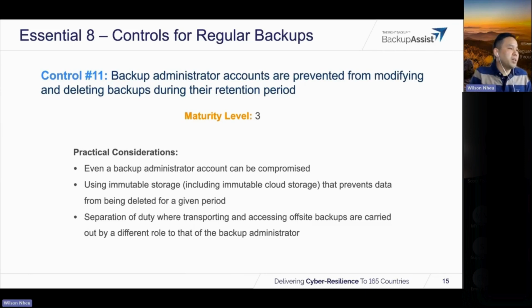The whole point here is that even the backup administrator can be compromised. So you want to stop anyone at all from being able to delete backups. And some practical ways to achieve this, there are two examples here. One is using immutable storage, including immutable cloud storage that effectively prevents data deletion within a given period of time.